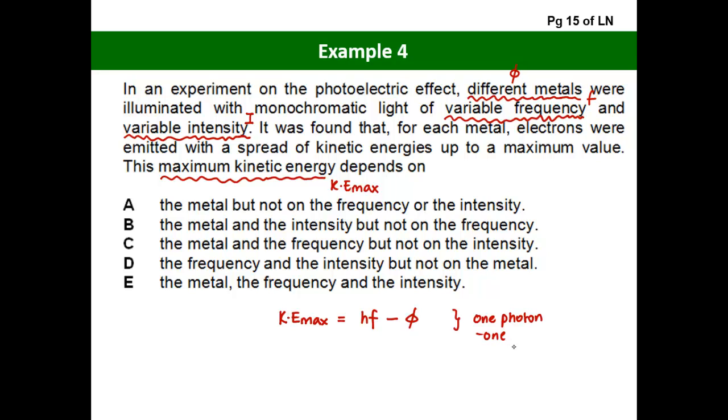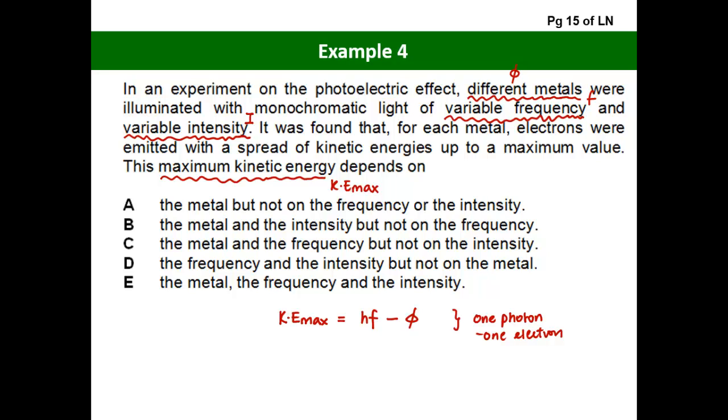Why? Because we know that in a photoelectric experiment, the interaction between a photon and an electron is 1-to-1. And because of this 1-to-1 relationship, the maximum kinetic energy does not depend on the intensity of light.